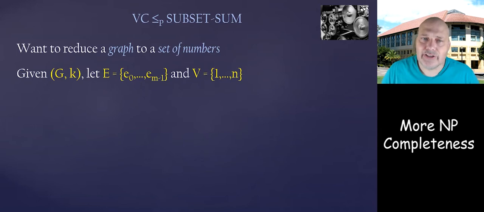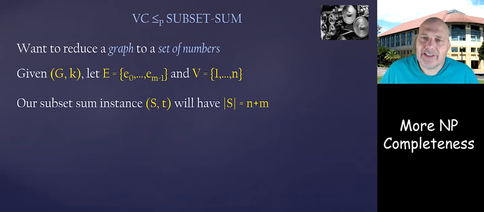So the edges are e_0 up to e_{m-1}. The vertices, without loss of generality, we can think about them as 1 to n. So all we did is just order the edges. So the instance is going to have n plus m numbers in addition to the target number.